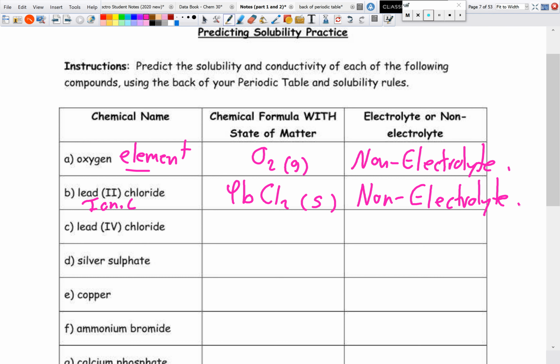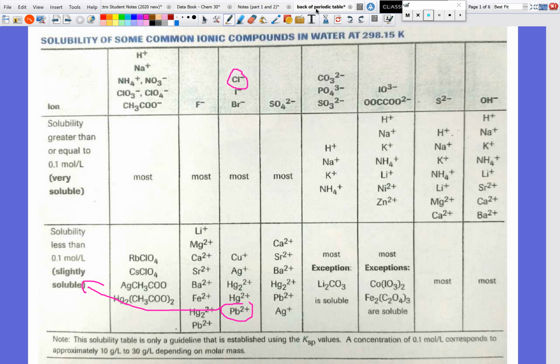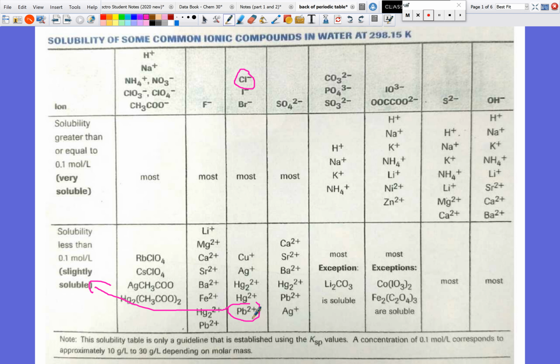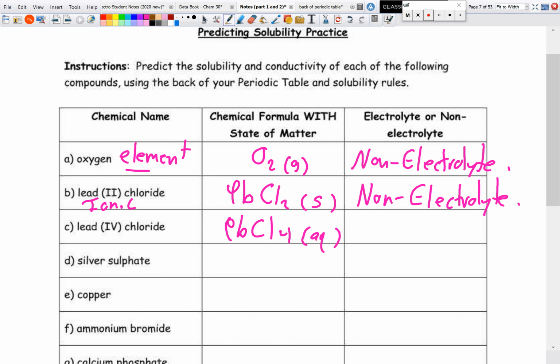Right, and then of course the charge on the cation matters a lot, because if you have lead 4 chloride, it's PbCl4. Now for this one, if you check the solubility chart, notice this is lead 2, not lead 4. So lead 4 does not show up down here, so that means our Pb4+ must be up here in the very soluble range, which means this is going to be aq, which makes this an electrolyte.